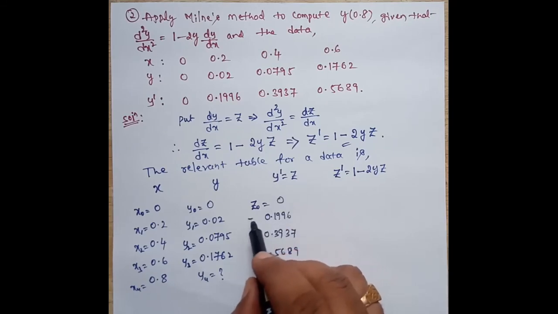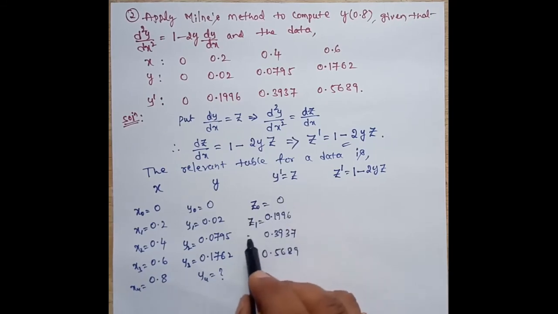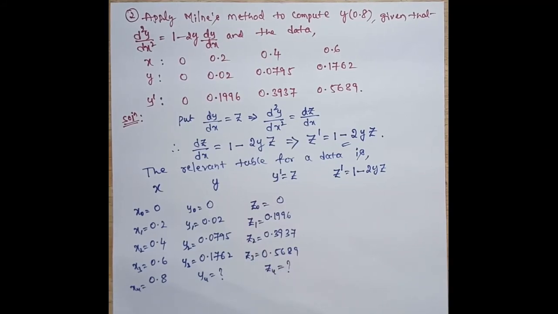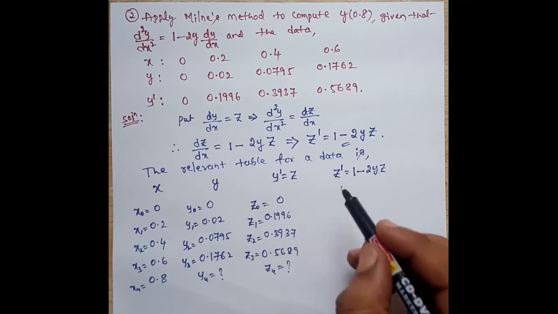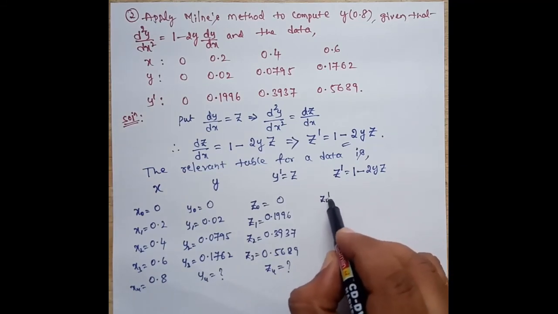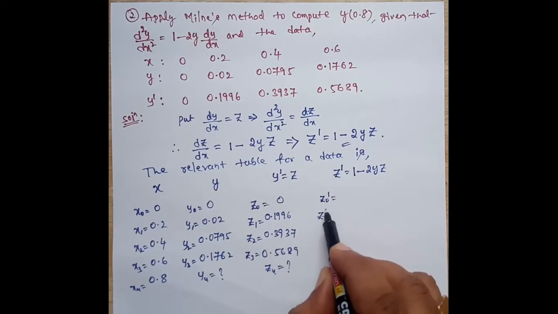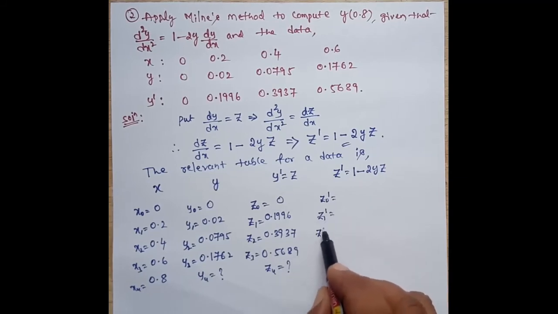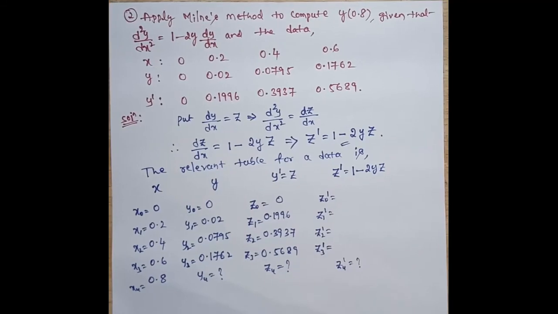So y1 dash is z1, like this is z2, this is z3, and z4 is unknown, which we have to find. Now the corresponding derivative values: the first one is z0 dash, next z1 dash, then z2 dash, z3 dash. And z4 dash is unknown, which we have to find.